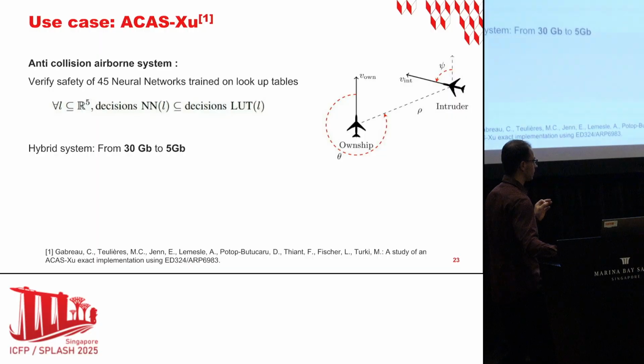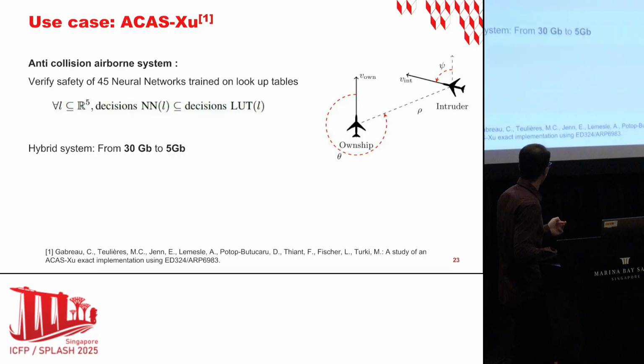But these tables were 30 gigabytes, and they were supposed to be embedded in drones, but they took up too much space, too much memory. So what they wanted to do was use a neural network, but they needed to certify it because they didn't want their drone to crash.